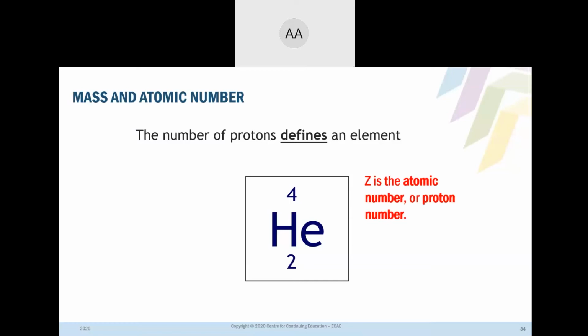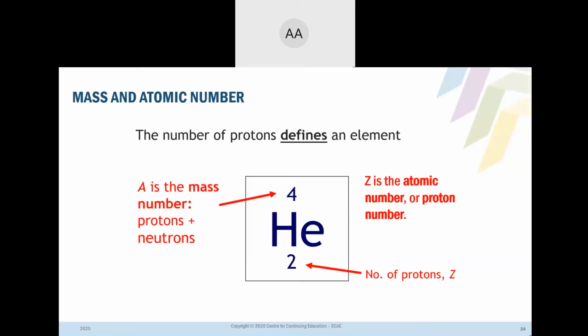So the number of protons define an element. So when we're looking at mass and atomic number, Z is the atomic number, proton number, and A is the number of protons plus the number of neutrons.